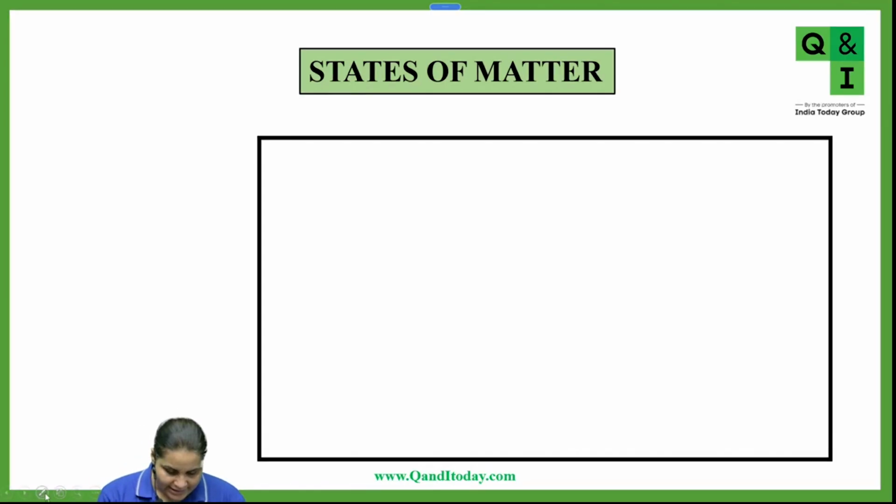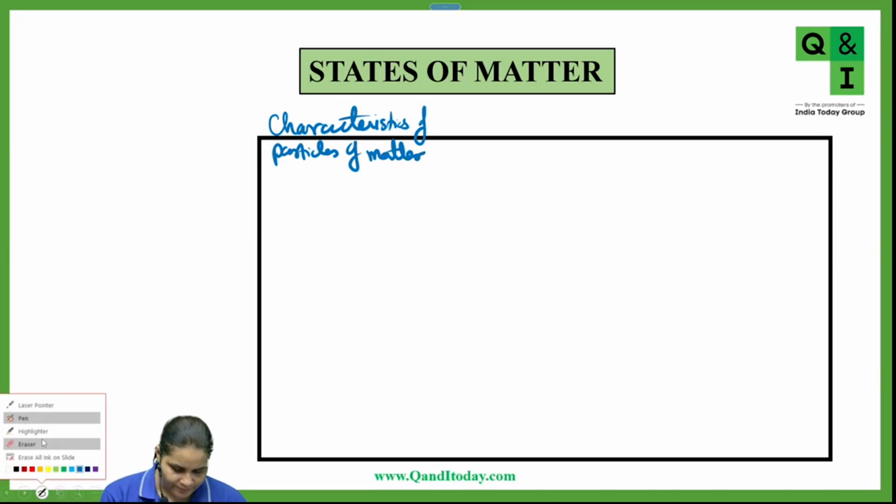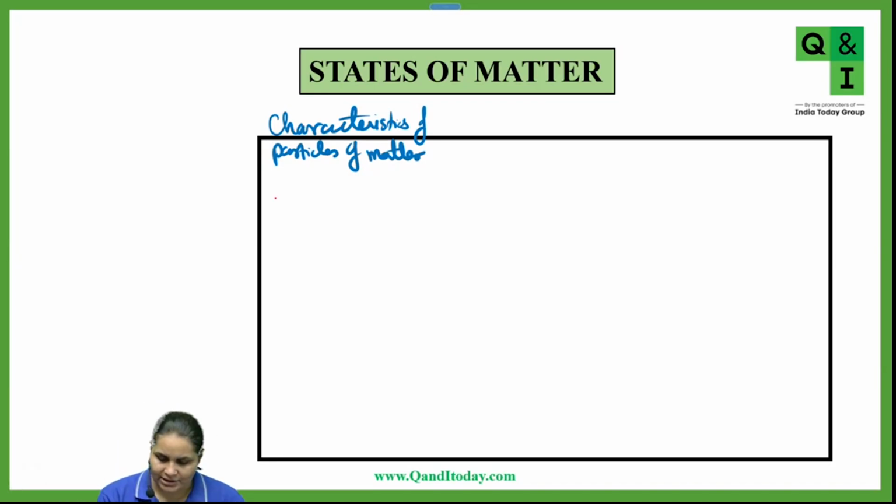Okay, coming to the states of matter now. When we say states of matter, the states of matter is decided on the basis of characteristics of particles of matter. We actually talked about three characteristics there. What were those characteristics?